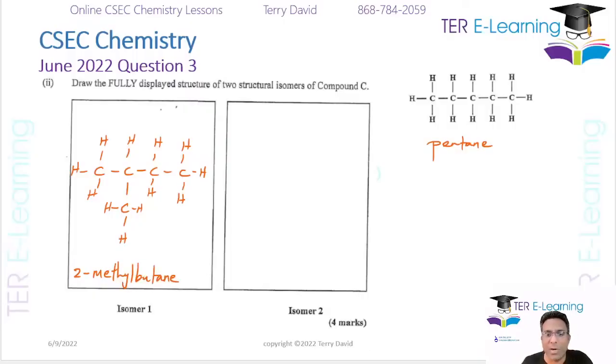Now, the next one that we could potentially draw here is, we can go 1, 2, 3, 4, 5, right? This is the only other isomer. So if you drew anything that does not look like this, then chances are it's not correct, right?